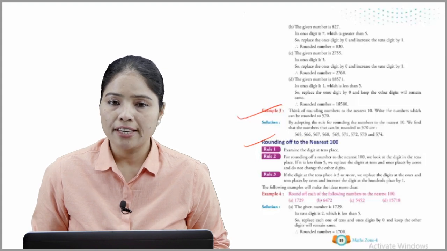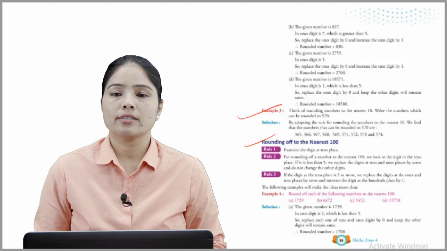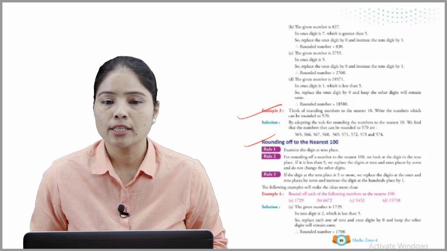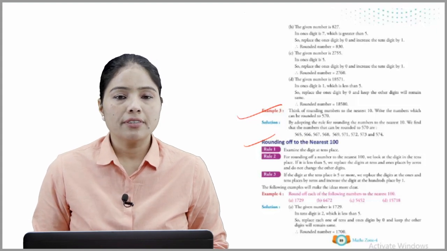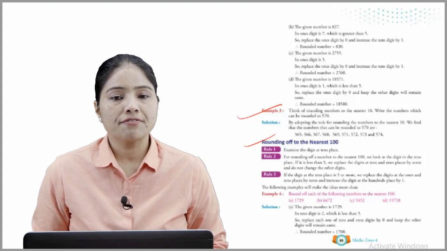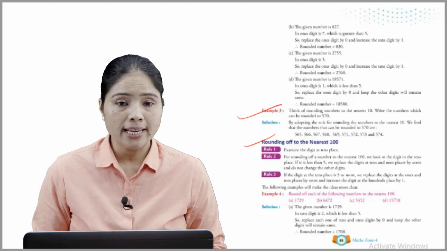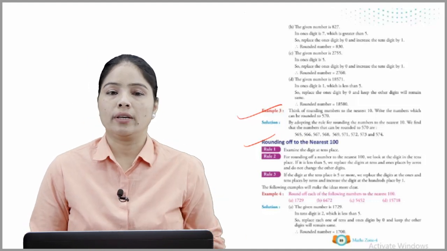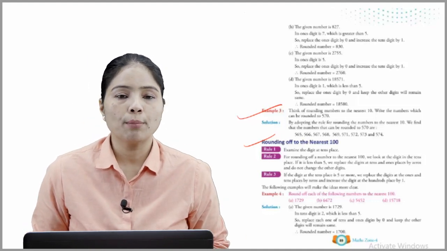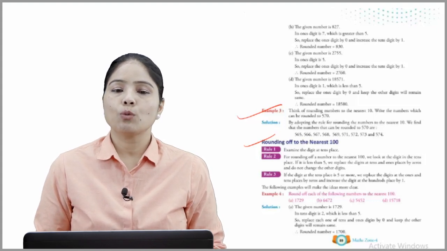If it is less than 5, we replace the digits at tens and ones place by 0 and do not change the other digits. Rule number 3. If the digit at the tens place is 5 or more, we replace the digits at the ones and tens place by 0 and increase the digit at the 100 place by 1. I hope you understood rules number 1, 2, 3. The following examples will make the ideas more clear.